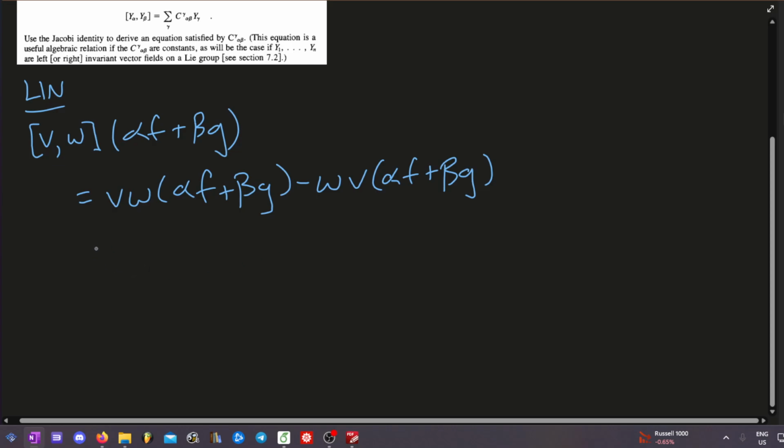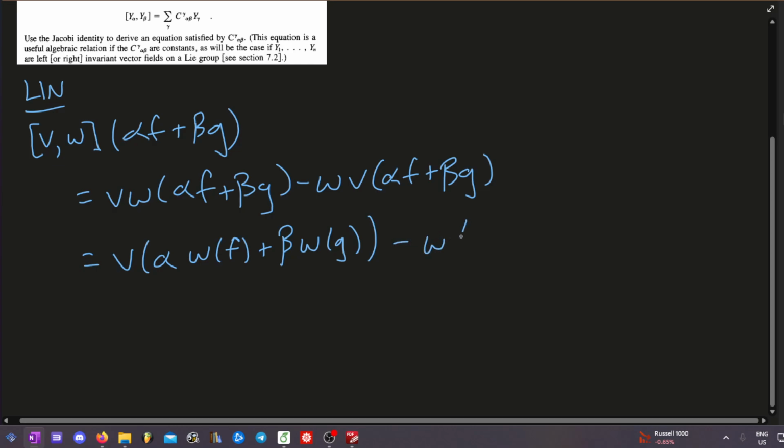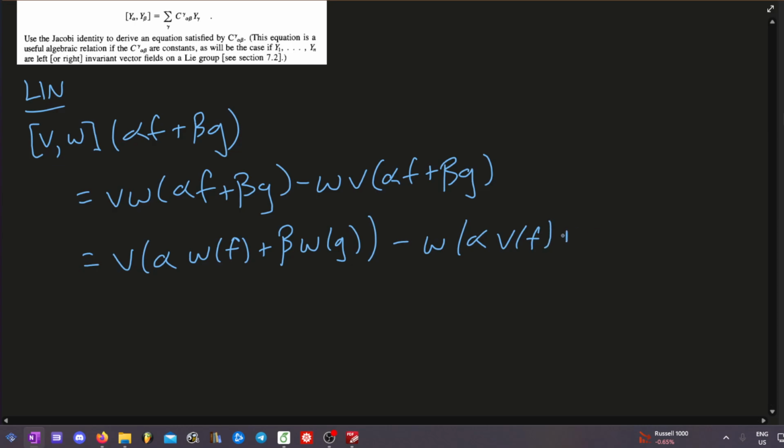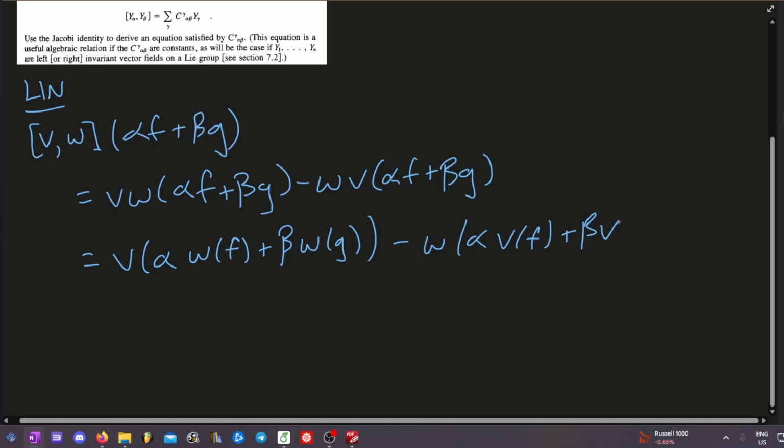Okay, now this is going to equal v of alpha w acting on f, so the vector is going to pass right through the constant, obviously, plus beta of w acting on g, close the bracket, minus w, alpha v acting on f, plus beta v acting on g.